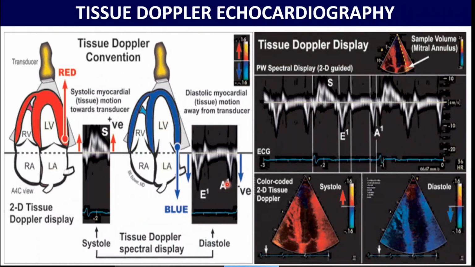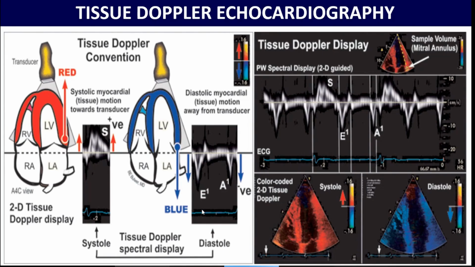In mitral inflow velocity, in patients who are pseudo-normal, E by A ratio will be normal. But if you look at the tissue Doppler, the E will be smaller than the A. That is a differentiating feature between the tissue Doppler and the mitral velocity Doppler profile in patients who have diastolic dysfunction.